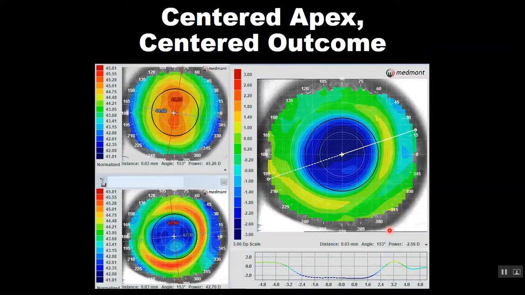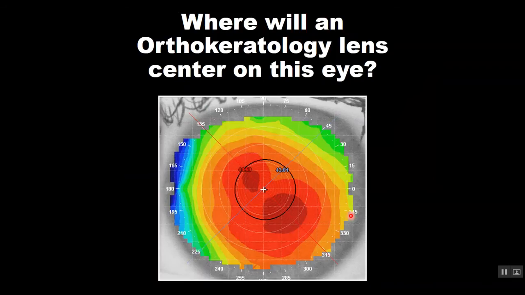And sure enough, when we did Ortho-K on this patient, we get this beautiful treatment zone well centered to the pupil. So because our baseline corneal shape is symmetric, then we expect our lens to want to land on that symmetric peripheral cornea and be centered. Now, what about on this eye? Do you see anything in the appearance of this topography that might indicate the lens should want to decenter or should it be centered?